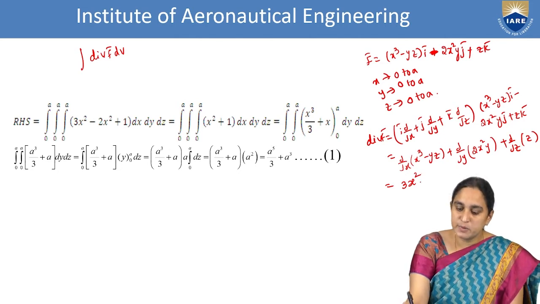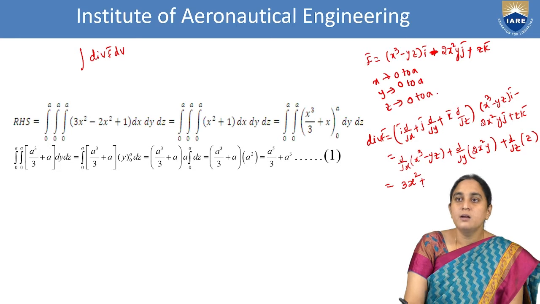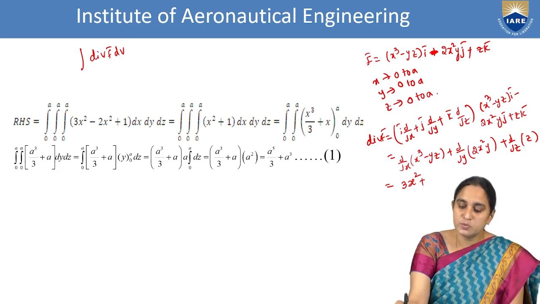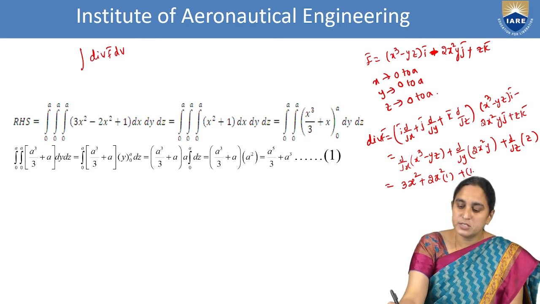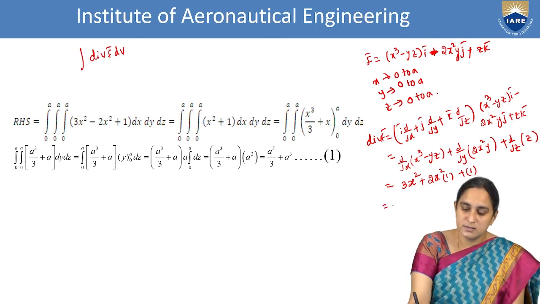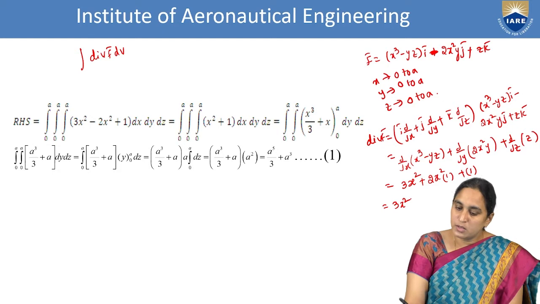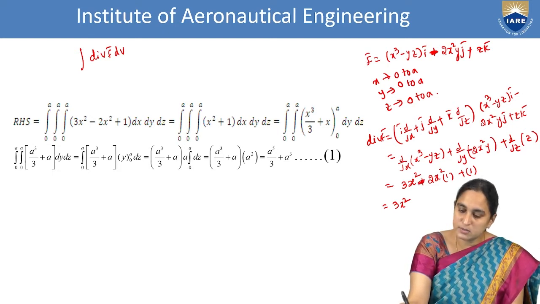And next with respect to y. What is the differentiation with respect to y? For 2x square y, with respect to y, 2x square is a constant and the differentiation of y is 1. That is 2x square into 1, plus dou by dou z of z, whose differentiation is 1.